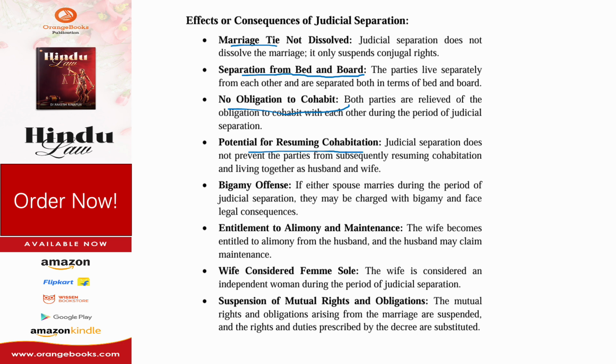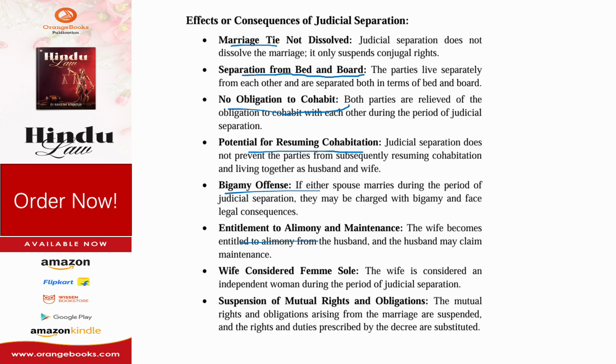During judicial separation, marriage is valid. So marrying another person is also an offense, because judicial separation is not a divorce at all. Husband cannot marry another person during this period.